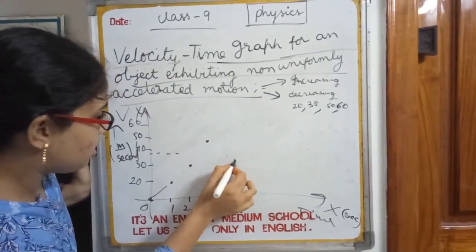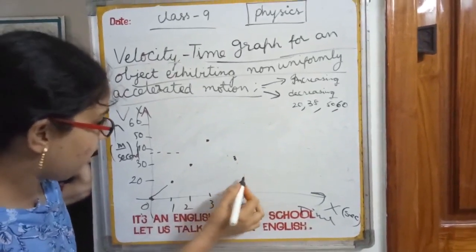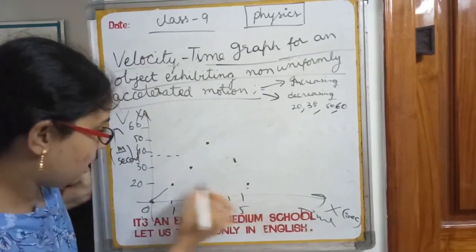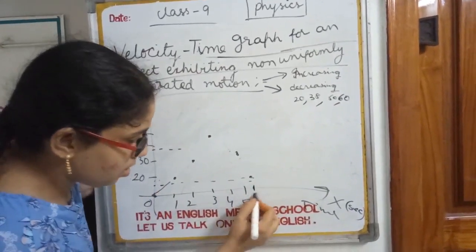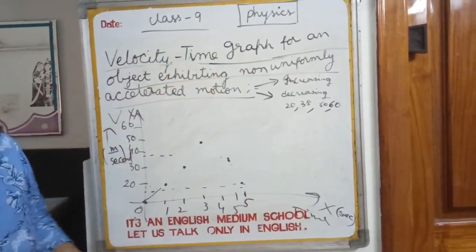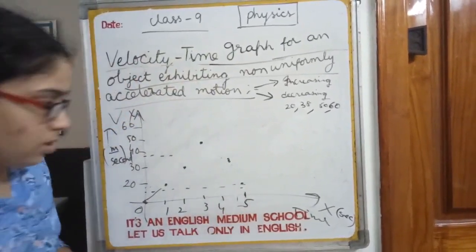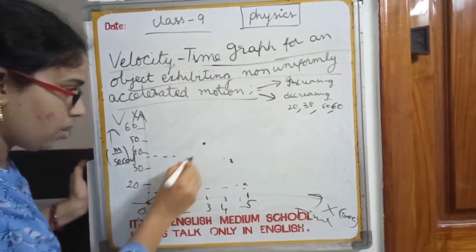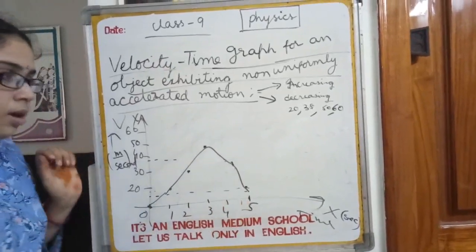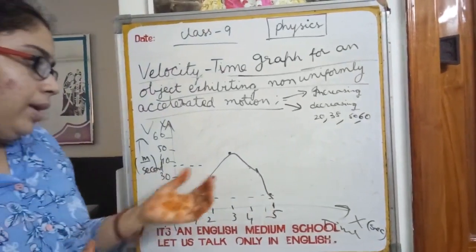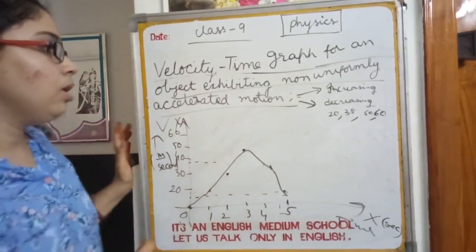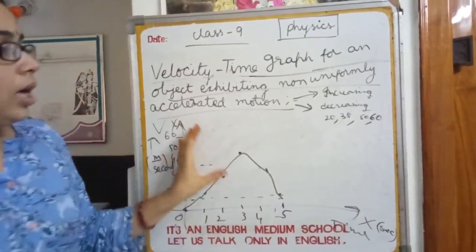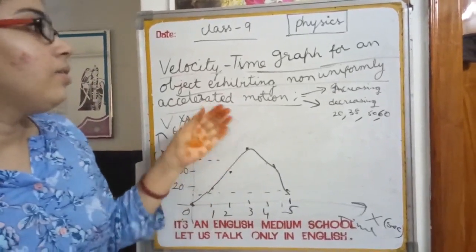Decreasing we have to consider, so 38, 10. It also shows a non-linear relation between velocity and time. So in this way we can get the graph.